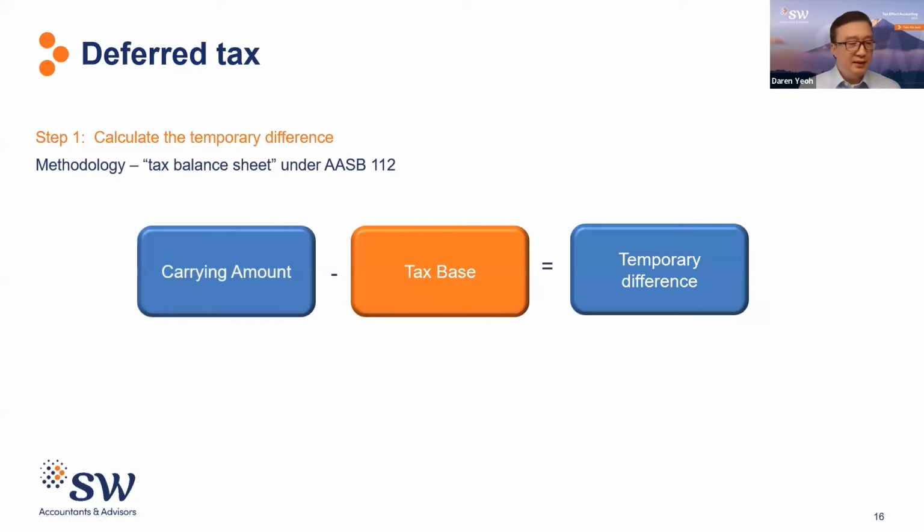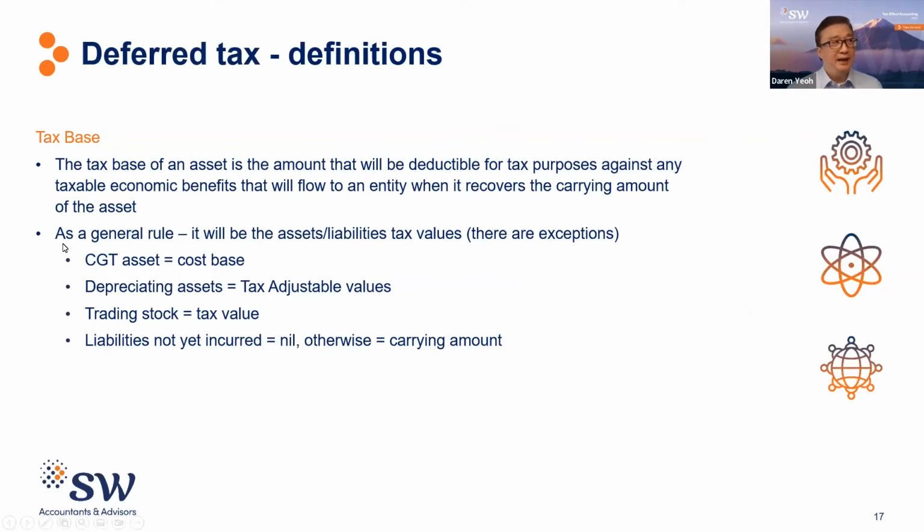You then need to calculate the tax base of each asset and liability. So broadly speaking, the tax base of the asset and liability should broadly reflect your understanding of what their values are for tax purposes. So let's have a look at that, and I'll come back to CGT asset because it's slightly different.